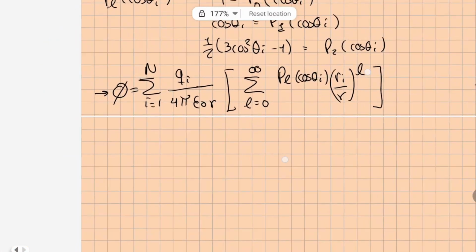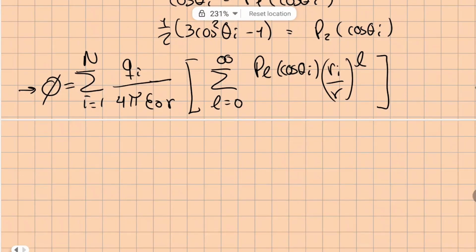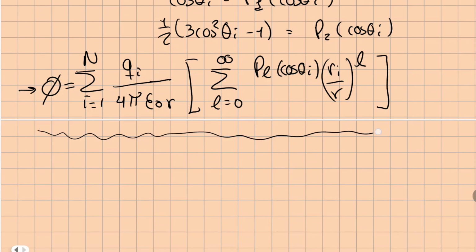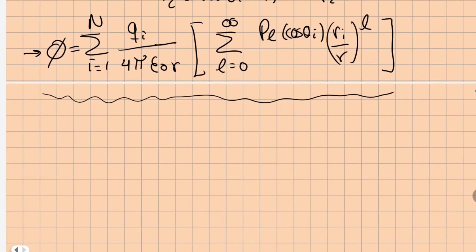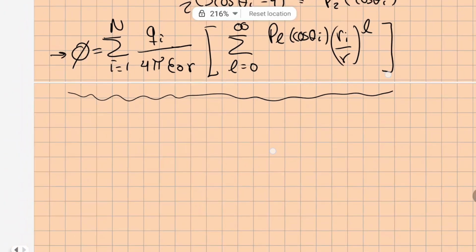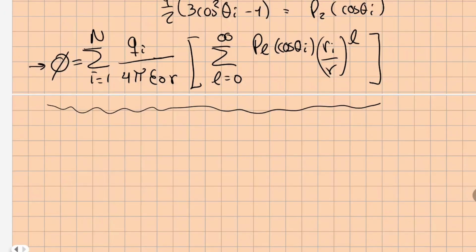So the Legendre polynomials allow us to define the electric potential in an exact way. We are not making any approximation. This is actually the exact definition of the electric potential due to this discrete distribution of n charges. Perfect, so this will be the important result of the video.